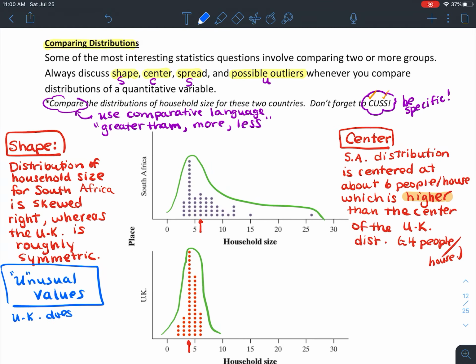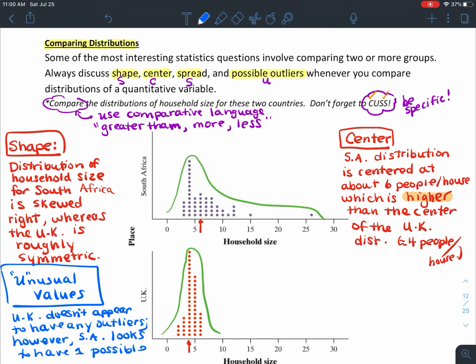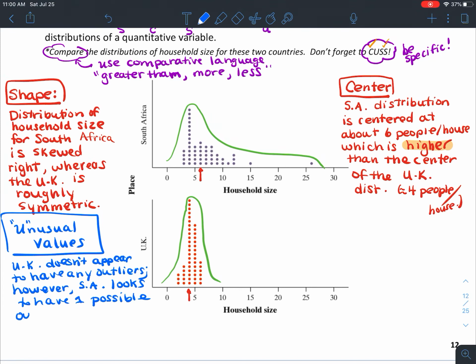So I'm just going to say the UK doesn't appear to have any outliers. However, see, I'm just kind of tying this all together. South Africa looks to have one possible outlier at, and if I just say 26, I haven't really addressed the context. I want to say at 26 people per house. Okay, so now I've done the U in CUS, the unusual value.